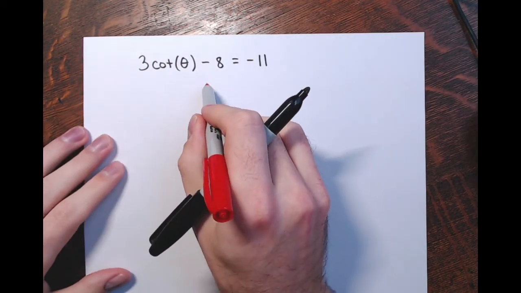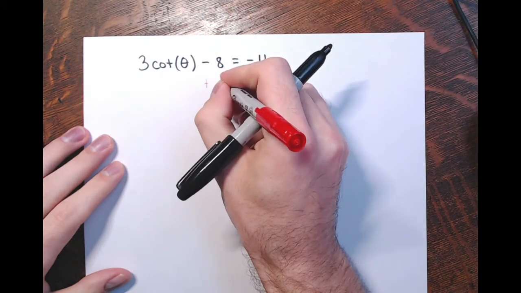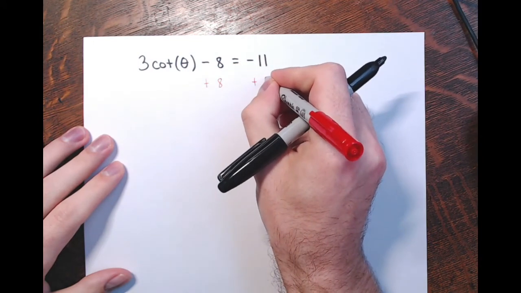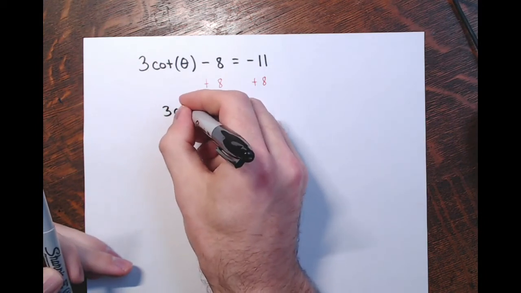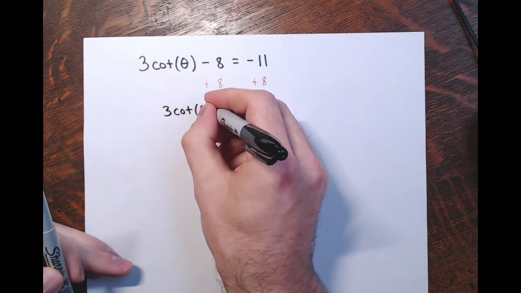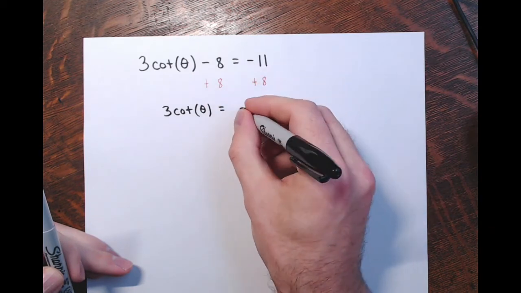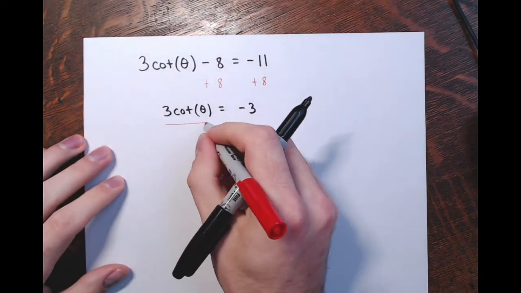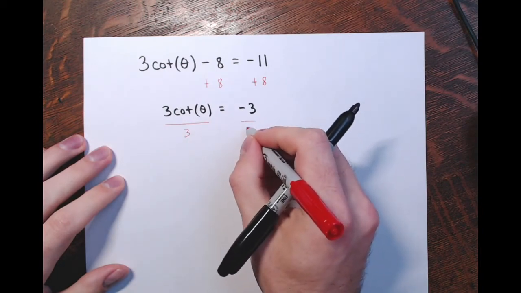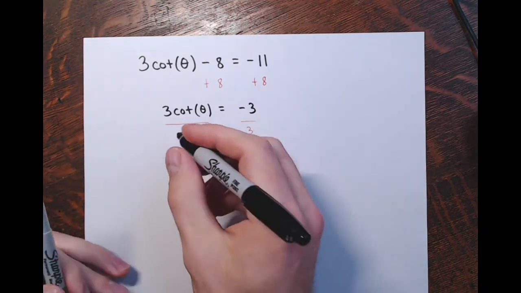So the first thing I would do is add 8 to both sides. Now I have 3 times the cotangent of theta equals negative 3. And then we divide by negative 3 to isolate that cotangent function.